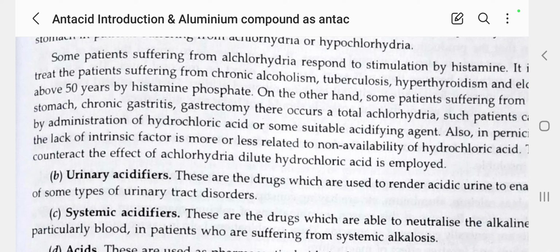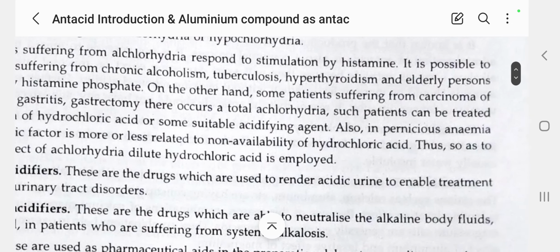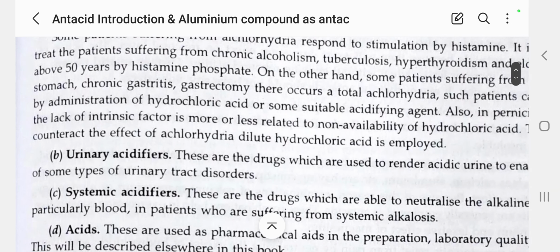For example, achlorhydria means absence of hydrochloric acid. In that case, some drugs like histamine can be given to persons suffering from chronic alcoholism, tuberculosis, hyperthyroidism, and elderly persons above 50 years.